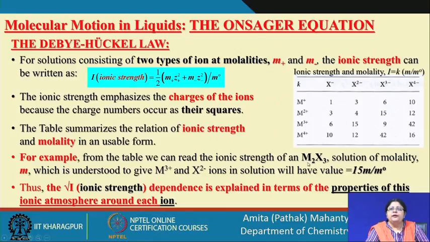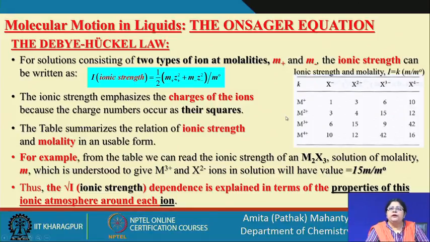For example, we take an electrolyte which is M2X3. Say the solution molality be m. Then what do we have? What are the ions which are generated? We have M3 plus and X2 minus in the solution. So, let us see from the table what the value should be.